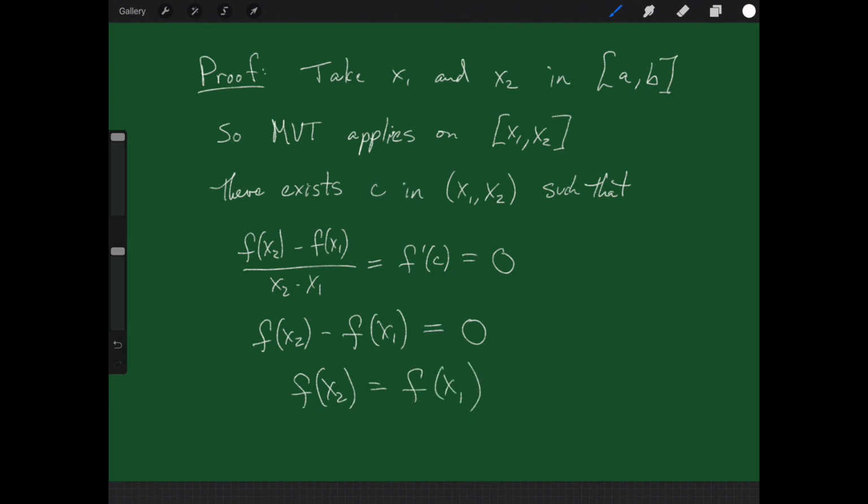In other words, the two functional values are the same. So take any 2 points in between a and b, and what I'm telling you is that their functional values are the same. And that's exactly what it means to say, therefore, f is constant.